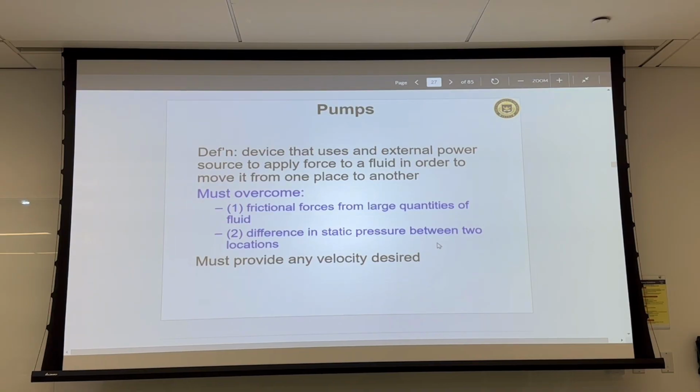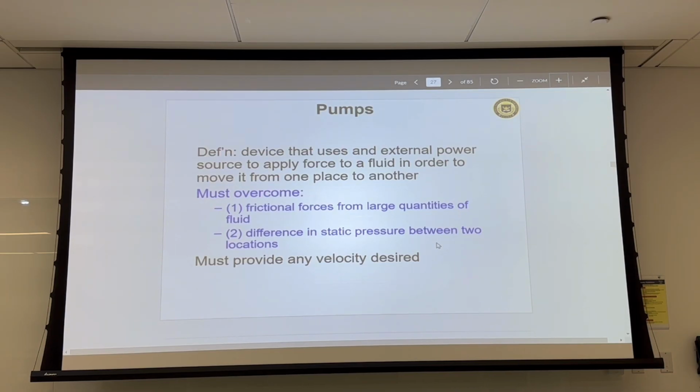Definition: what is a pump? A device that uses an external power source to apply force to fluid in order to move it from one place to another. So you have a stationary fluid sitting in a gas tank or fluid tank or whatever the tank is. You have to draw the fluid into the pump.